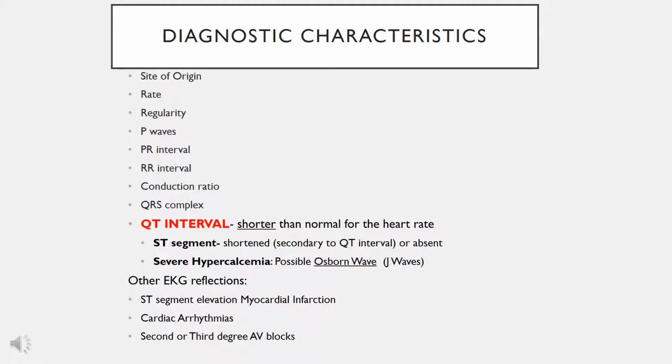If this is the case, you can see symptoms like palpitations and fainting. Lastly, second or third degree AV blocks may be present within severe hypercalcemia. Again, these other EKG reflections are worth noting, but they are pretty rare.